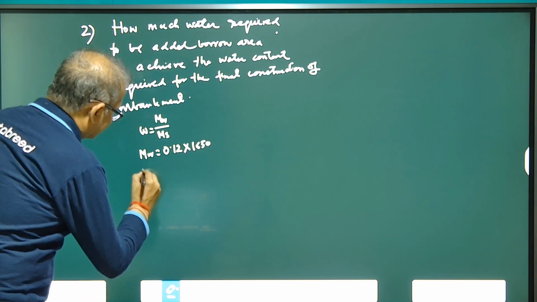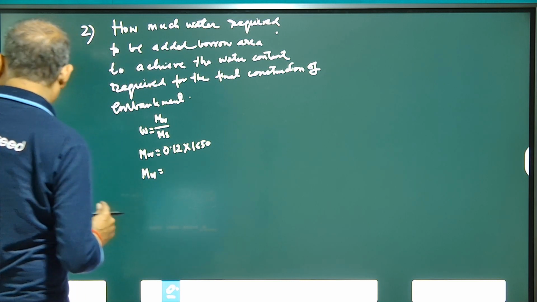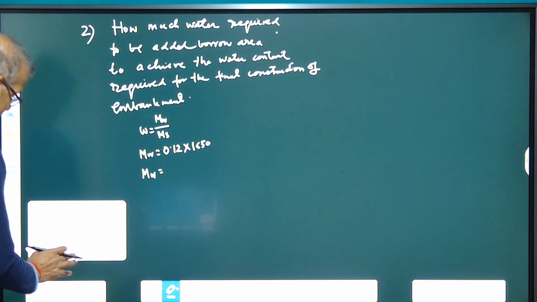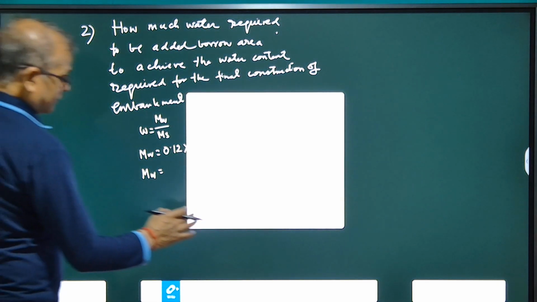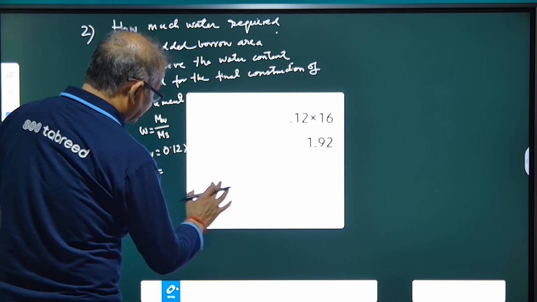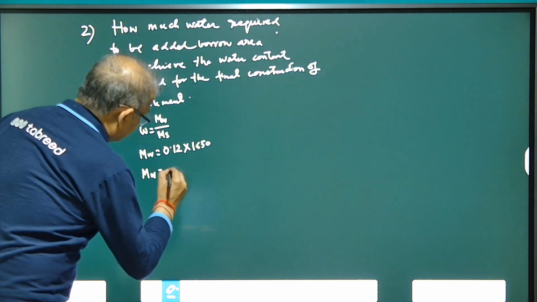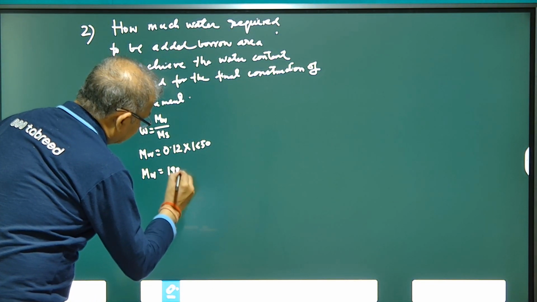So mass of water available in the borrow area will be 0.12 into 1650, equal to 198 tons.